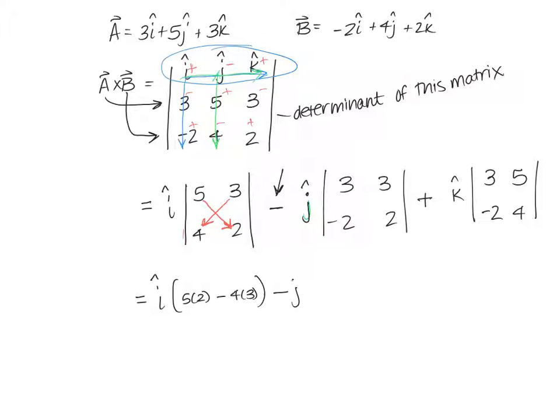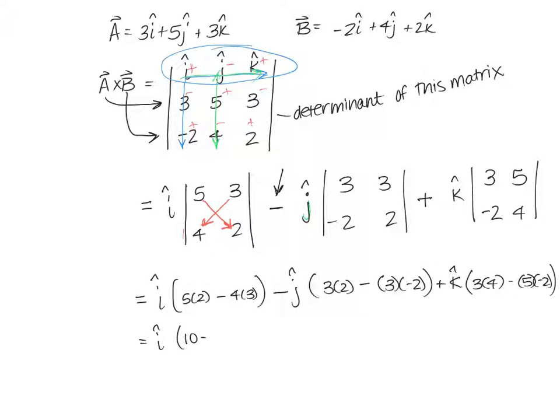Then we move on to the y component, and we have 3 times 2 minus 3 times minus 2. And then finally, for the z component, we get 3 times 4 minus 5 times minus 2. And so we just simplify.